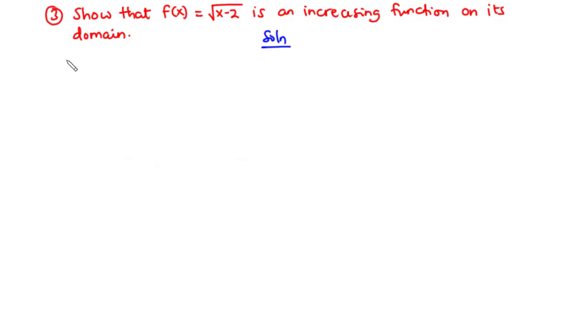So we are given the function f of x equals the square root of x minus 2. Now the first thing we need to do is to find the domain of this function. Now, because we are working under real numbers, the value under the square root should be greater than or equal to 0.